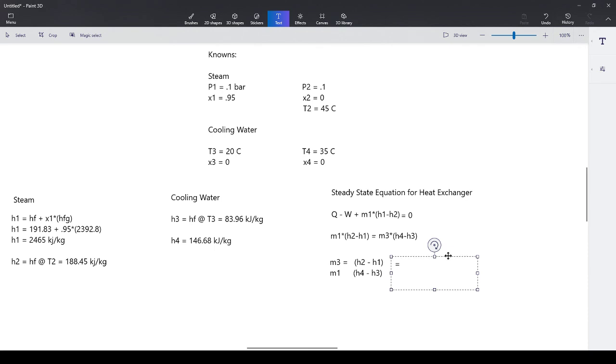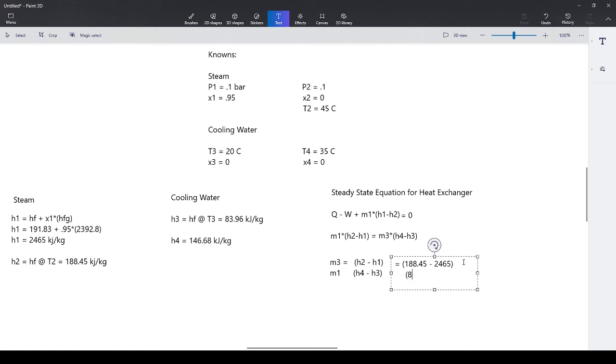But essentially, you drop your values in here. So it's 2465 minus H2, 188.45 minus, although this is going to be flipped to the opposite here in a second. But just hold on to that for a moment. Then it's H4, so it's 1... actually, I should do it the opposite way.